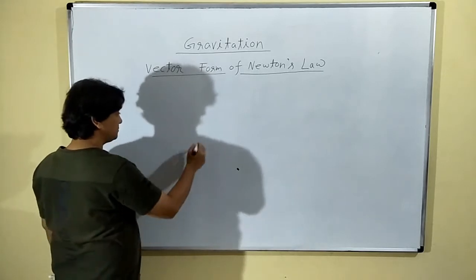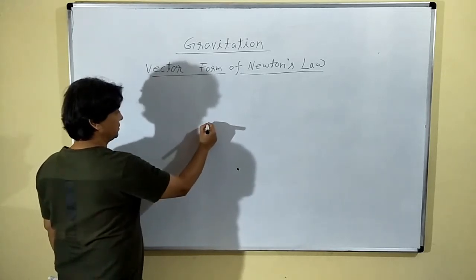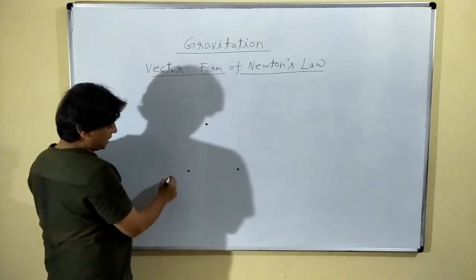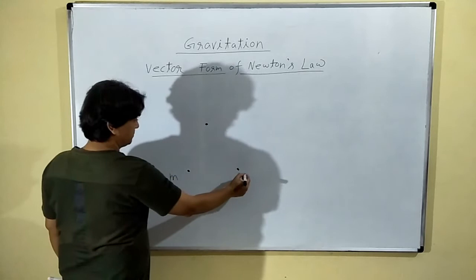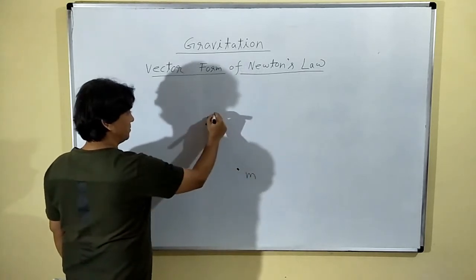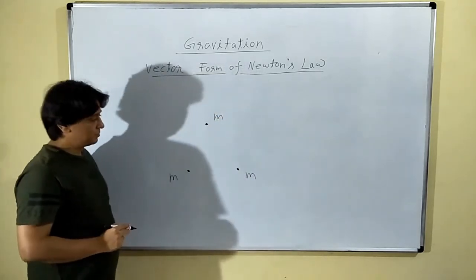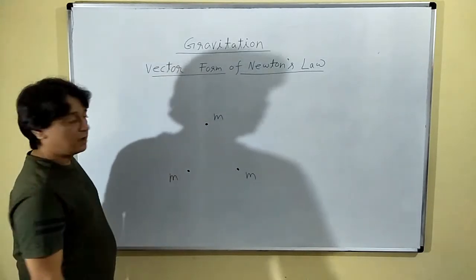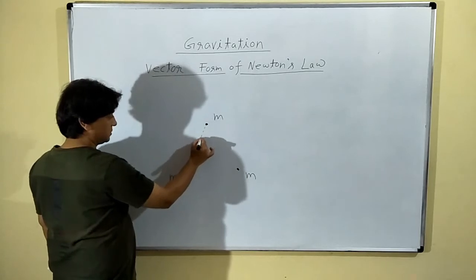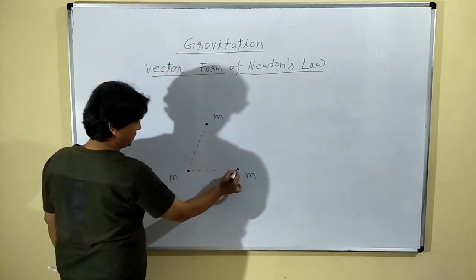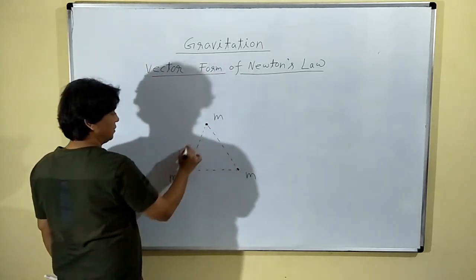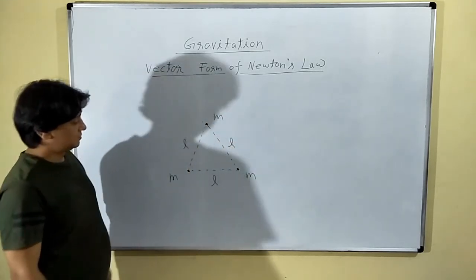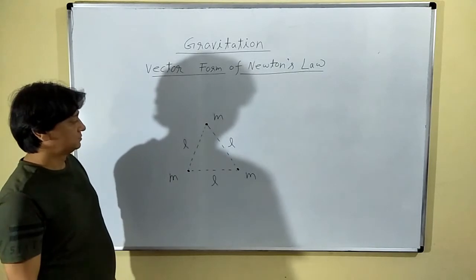But let's see here. The question is that we have 3 identical masses M, M and M, placed on the vertices of an equilateral triangle of side length L. That's your equilateral triangle.